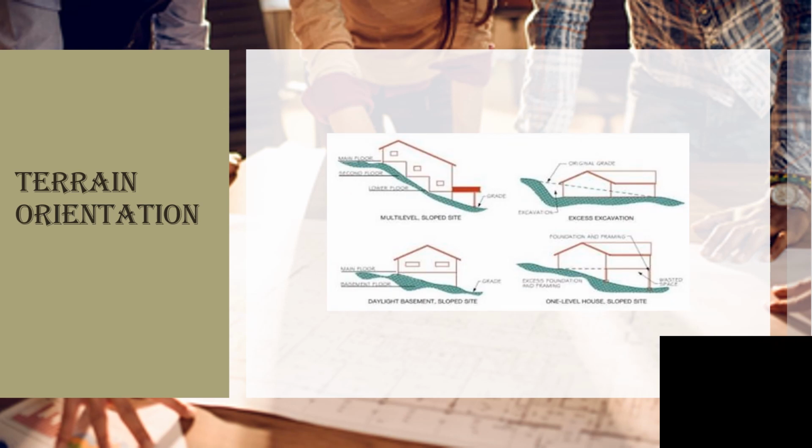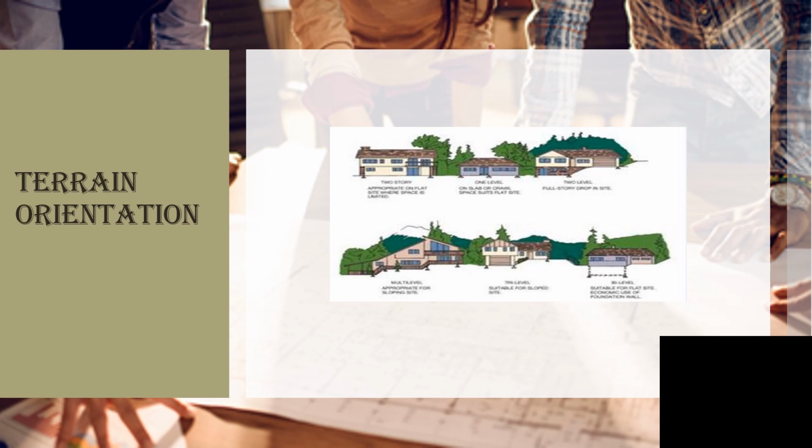Sloped sites are a natural location for a multi-level or daylight basement home. A single-level home is a poor choice on a sloped site because of the extra construction cost for excavation or building up the foundation. As you can see on the screen, terrain can influence housing types.